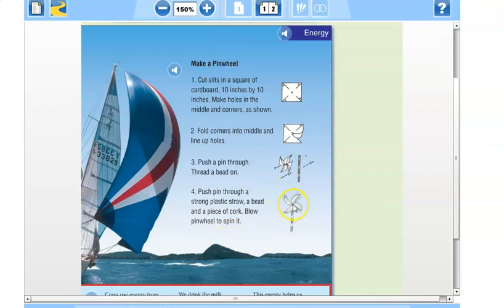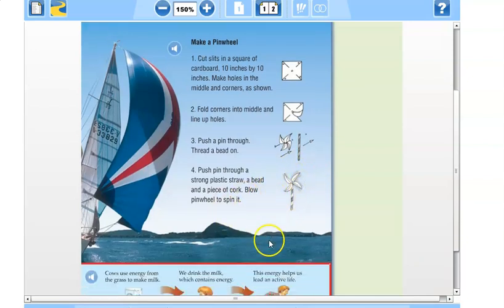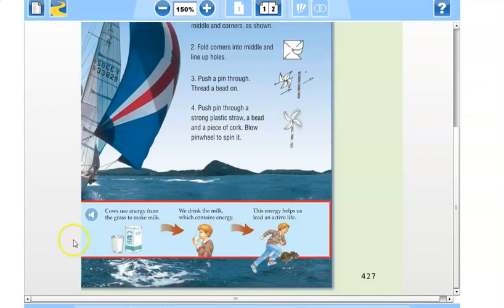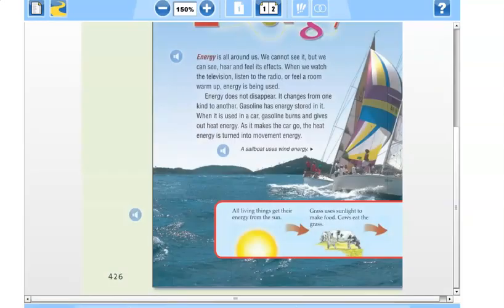That is so cool. So up top, you would have that cork, and you had the push pin going through, and so then you would be able to blow on this pinwheel, and you would see the air move the pinwheel. Which takes us back to energy is all around us.